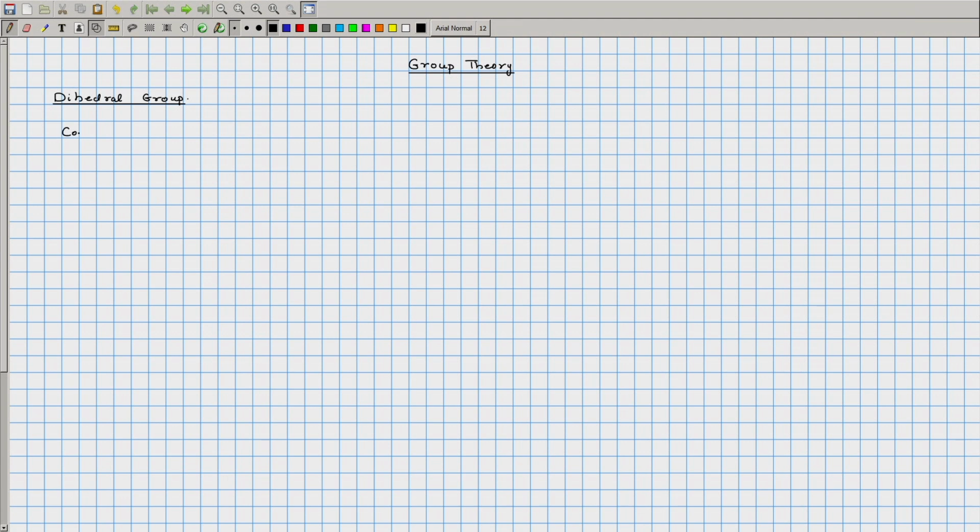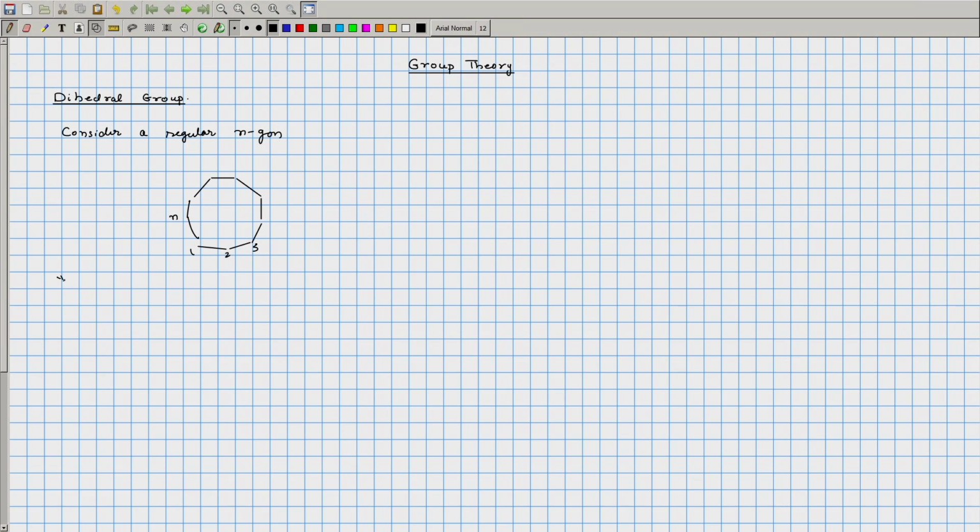So, let us understand what this dihedral group is. Consider a regular polygon having n vertices. Okay. So, let us think that in R2, in the two dimensional plane, there is a polygon with n sides. Okay, it is a regular polygon.